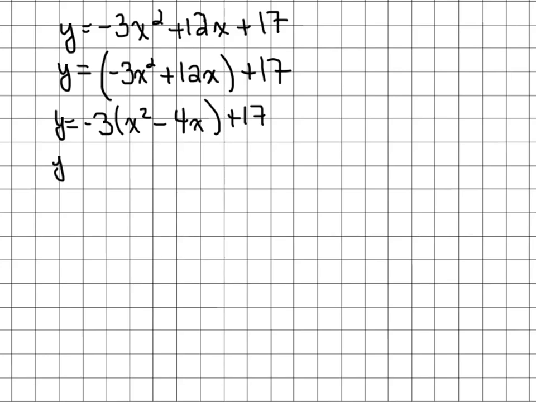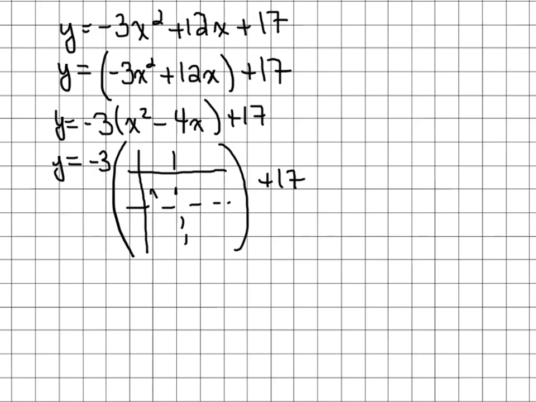Alrighty, so now I'm going to put all of that into my chart. Well, not all of it, just the stuff in the brackets. So I have x squared, and I need to evenly divide these two into those two boxes in the chart.